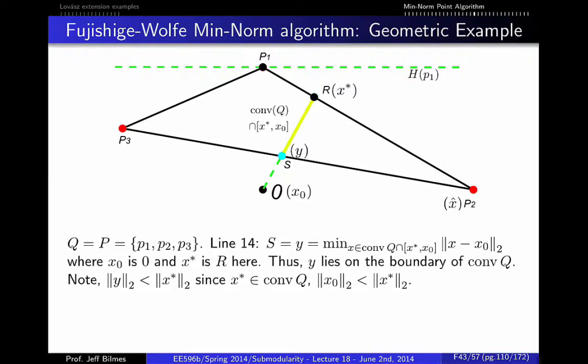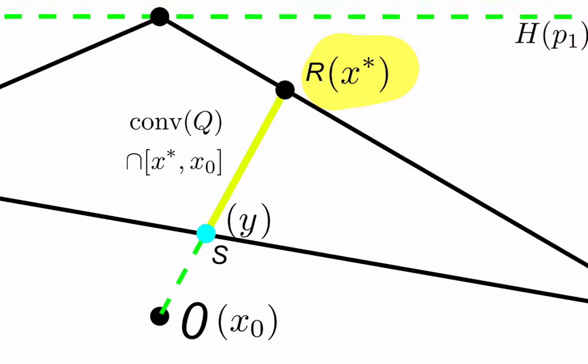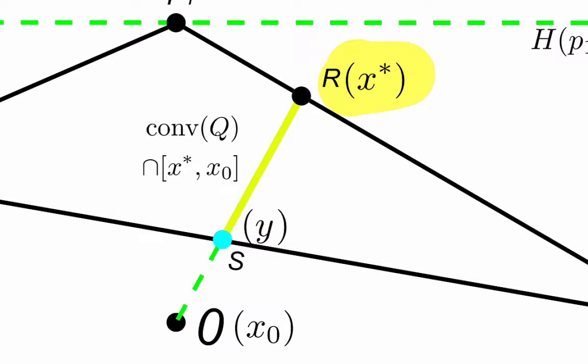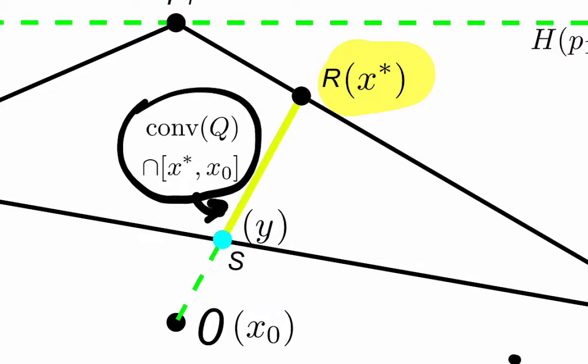Then we take the line between x star, which is this guy up here, and x naught, which is down here, that intersects the convex hull. So it's basically this yellow region right there. This bit here corresponds to this yellow line.